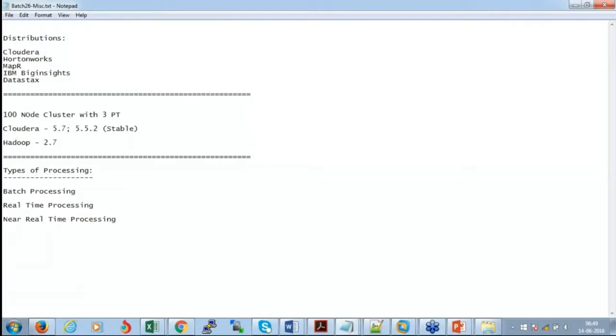Which means batch processing would run with a very huge interval. Maybe once in a week, once in a month, or most heavily used, once in a day.